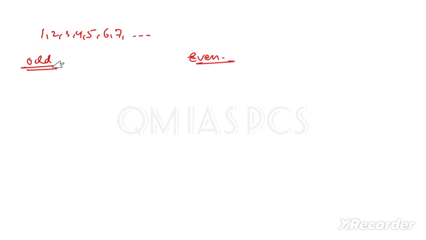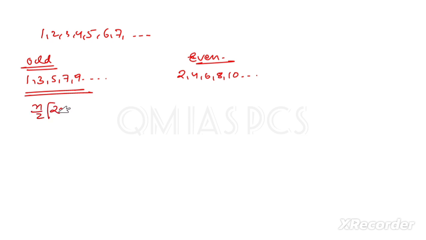For odd natural numbers it will be 1 3 5 7 9, like this, and for even it will be 2, 4, 6, 8, 10. So when it is asked about the sum of these, see, I have written the formula n by 2 times 2a plus n minus 1 d.